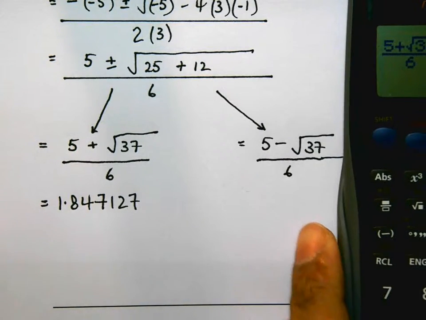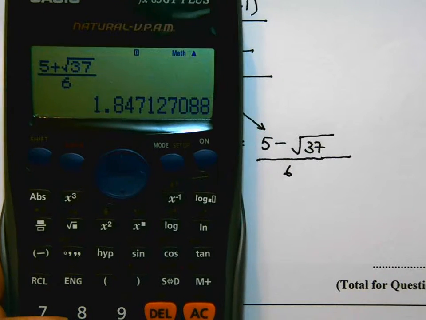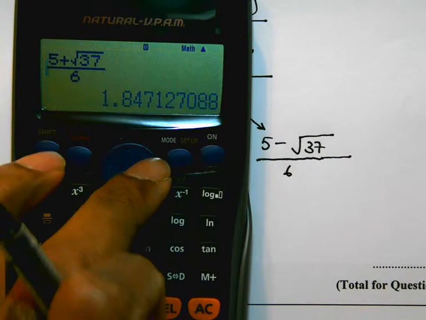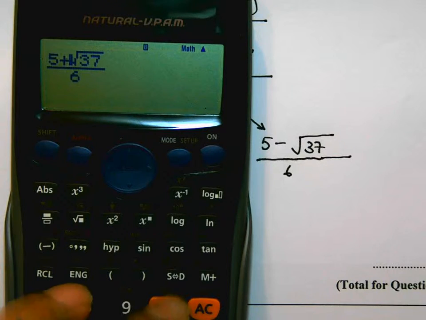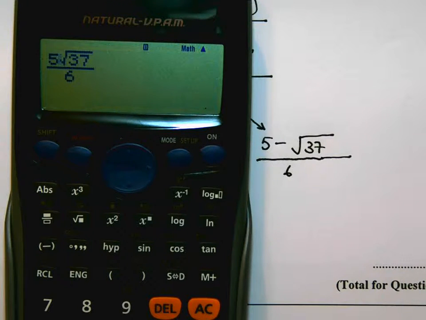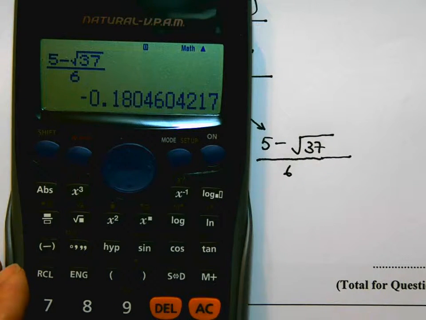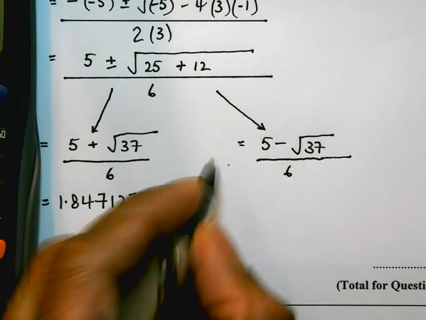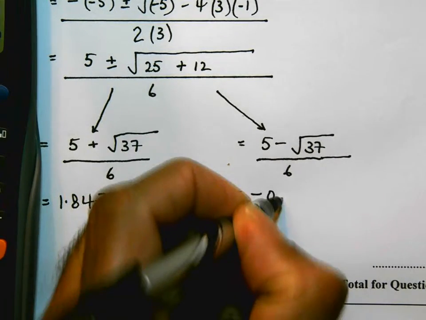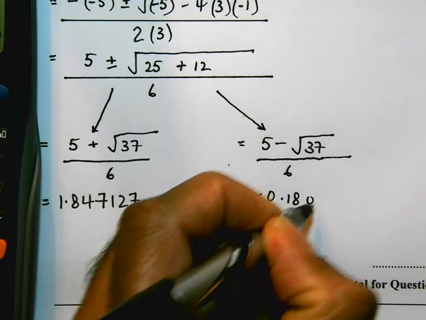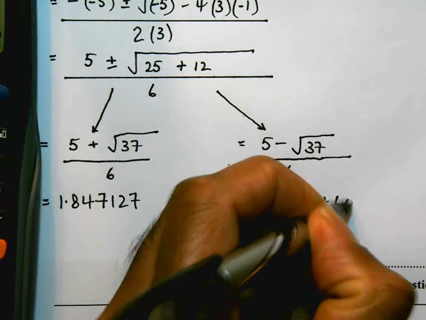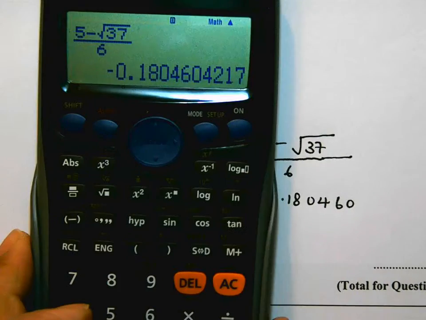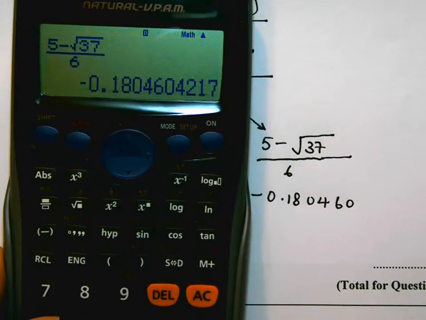For the other value, I'm going to be a bit clever and use the replay button to change the plus to a minus, and press equals. So that's minus 0.180460.